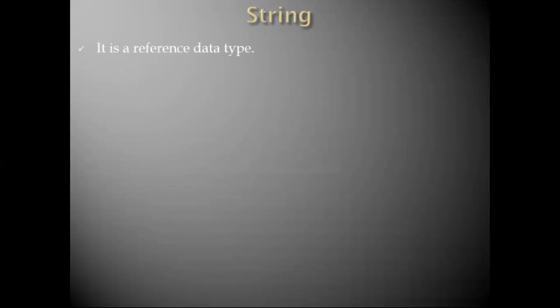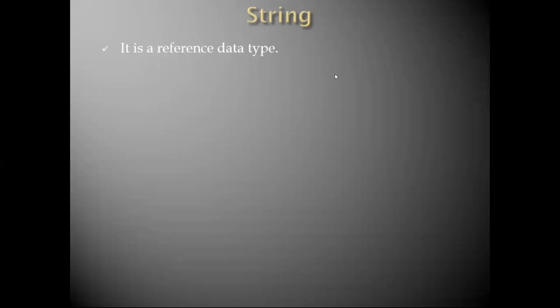Moving on. So the next topic, string. What is string? It's a data type, a reference data type. Why is it called a reference data type? Because it is referencing characters.